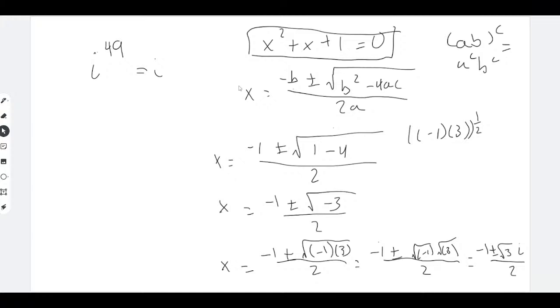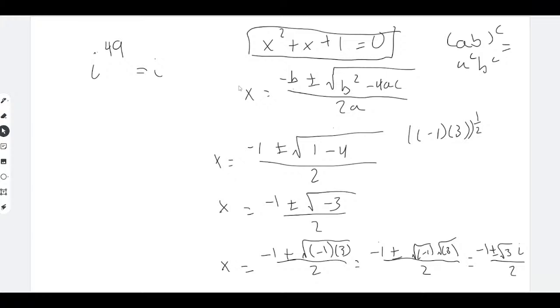So I can look at what b squared minus 4ac is. So b is going to be 1, right? So b squared is 1, and a and c are 1, so we're just going to have minus 4. So then b squared minus 4ac is going to be equal to negative 3, right? And then because it's a negative number, we're going to have two imaginary solutions, right? Because we're going to have the square root of a negative number, that's going to be imaginary. All of our solutions are imaginary.